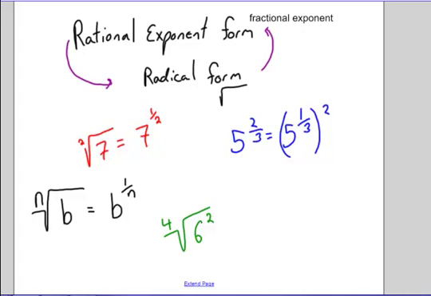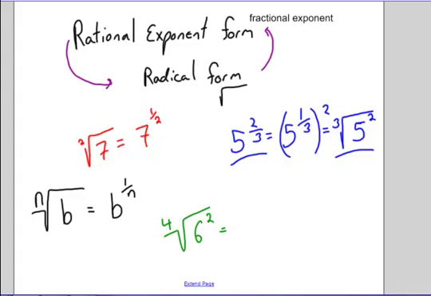So since this is the same, well, I know that this is the cubed root of 5, and I have this square here, right? So I have the cubed root, but it's of 5 squared. I can't forget that square there. So this becomes this.